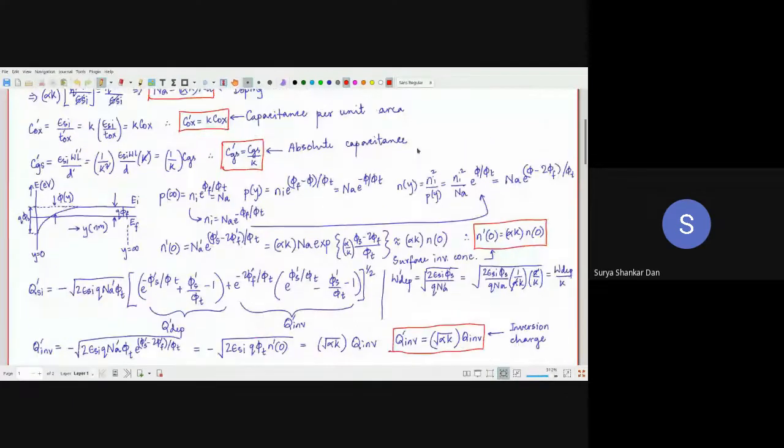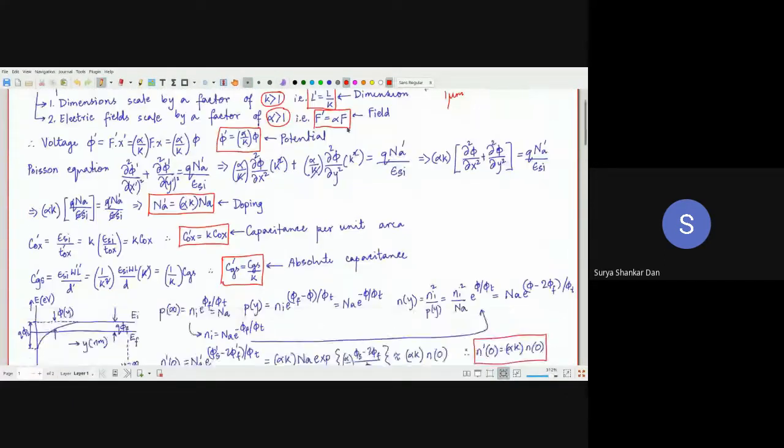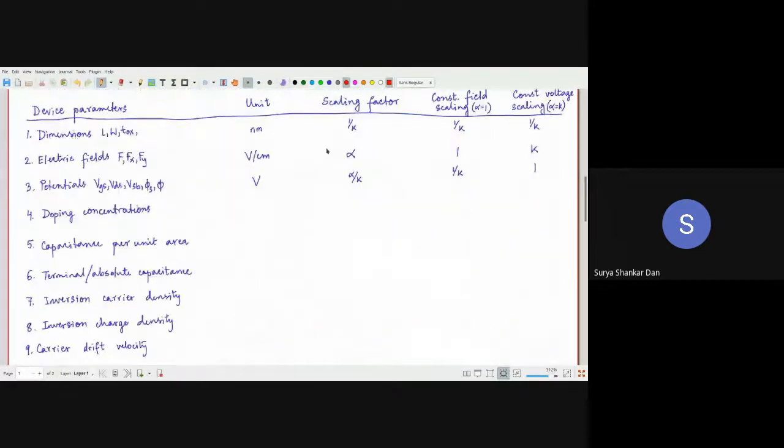So basically, the scaling factor which we are writing in this column of this table is essentially coming from the generalized scaling theory, with these two premises. But later on, how you apply it in practice is basically given by either you keep alpha equal to 1 or alpha equal to k.